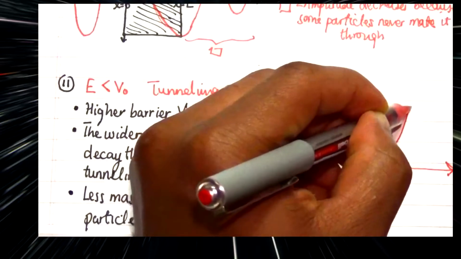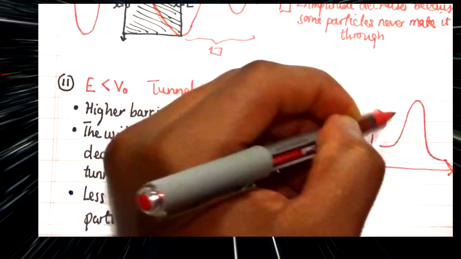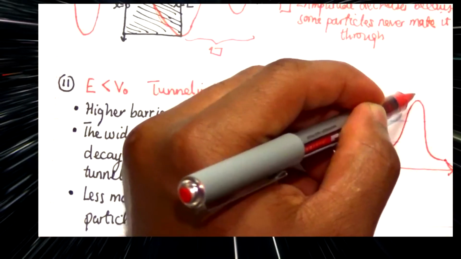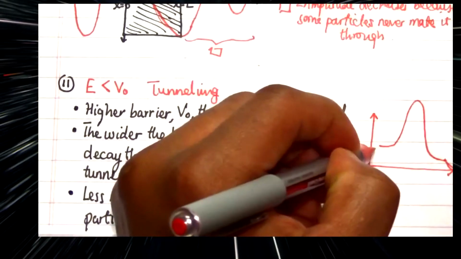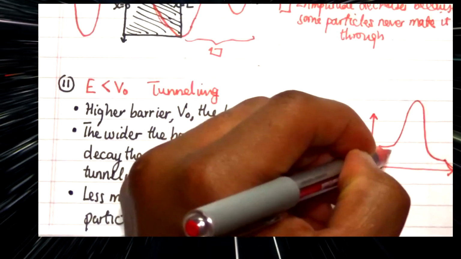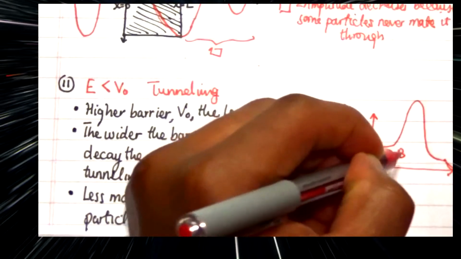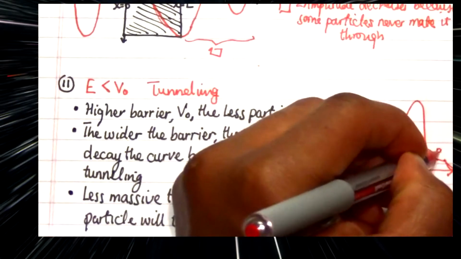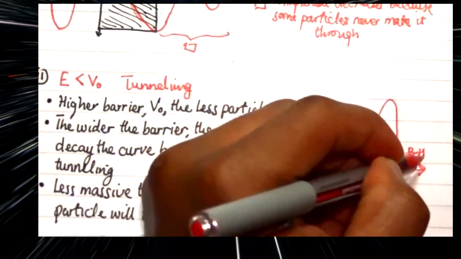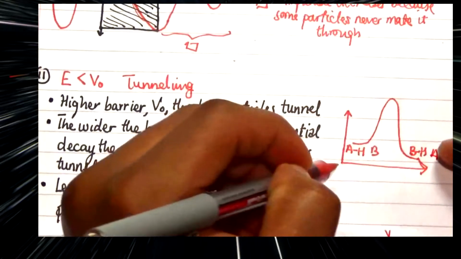So if we have our activation complex being formed, this is our reaction where our hydrogen is going to B, with B being formed and A being generated.